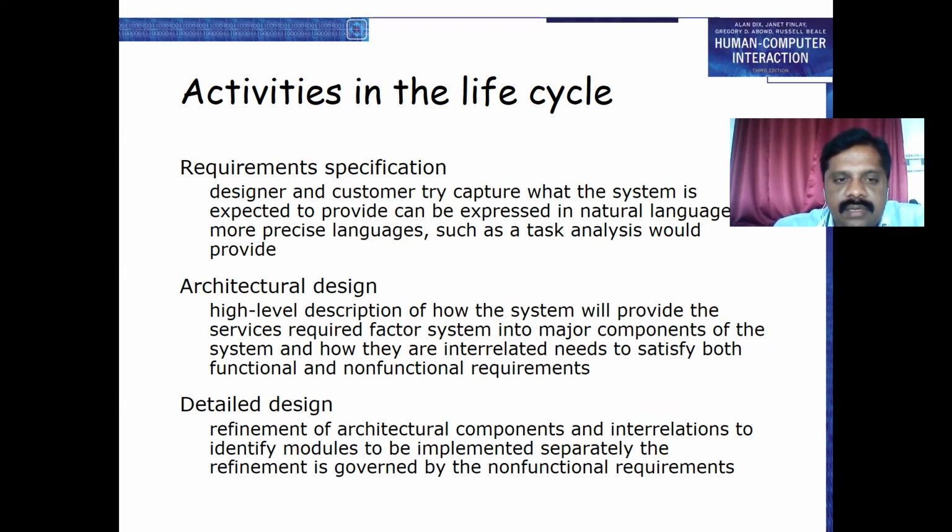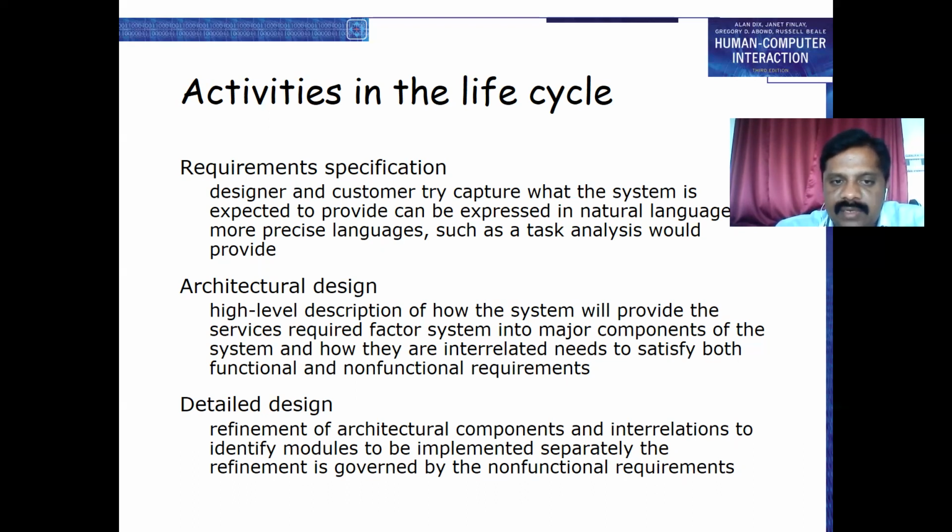In requirement specification, the designer and customer try to establish what the system is expected to provide. It can be expressed in natural language or more precise language, such as a task analysis would provide.